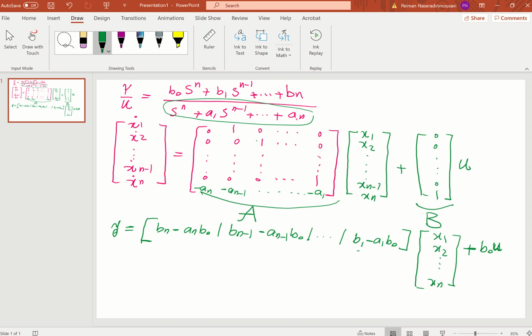So this is the canonical form, as I said in the previous class. This is the first type of that state space representation.